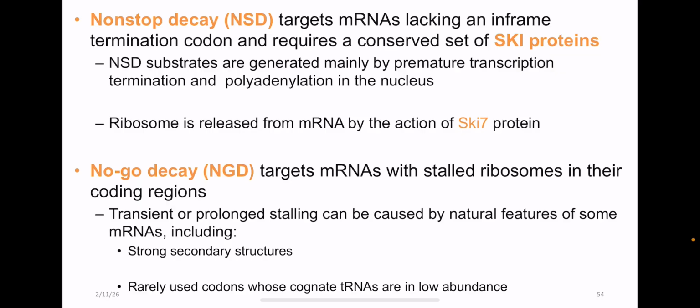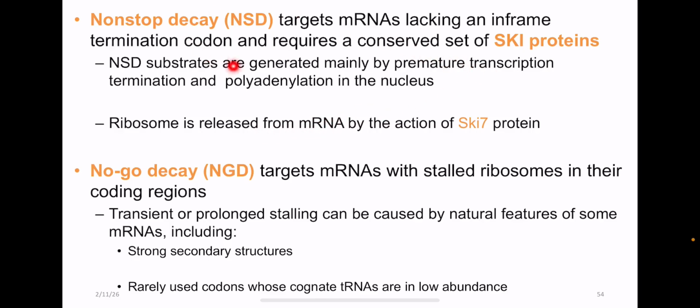Okay. So the next one, non-stop decay. I've mentioned this, but they also employ a set of proteins called the ski proteins. The substrates, the mRNAs that do not have stop codons, are generated mainly by premature transcription termination in the nucleus, as I've said. So the ribosome is stalled.